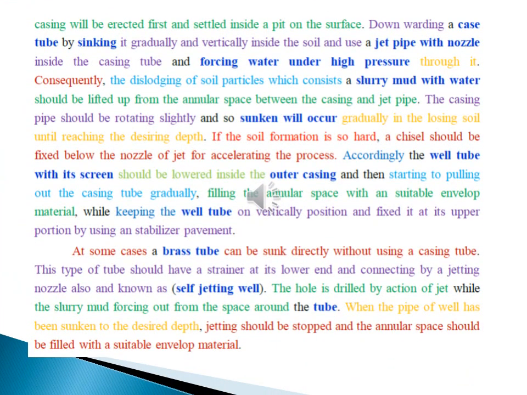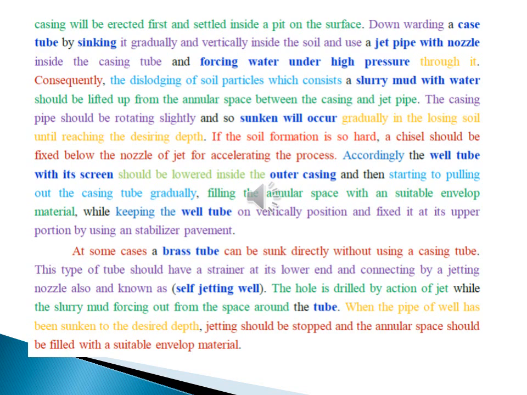Water jet method. This method, also known as the wash method, is more suitable in sites where the soil layer is formed of gravel, sand, or clay particles. An outer well casing should be erected first and settled inside a pit on the surface.